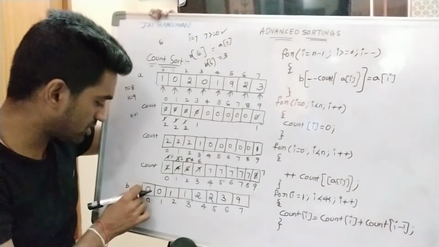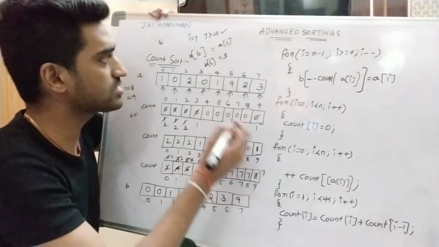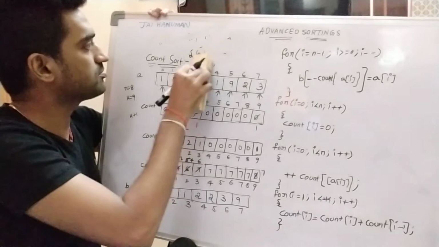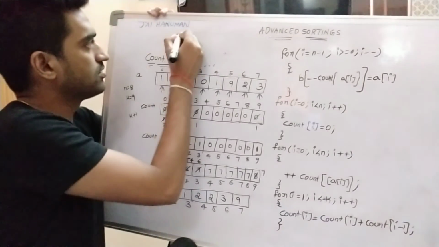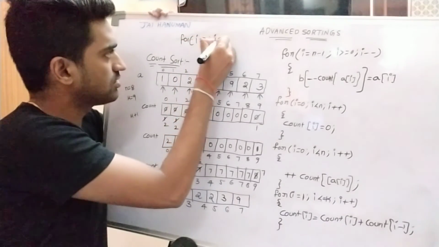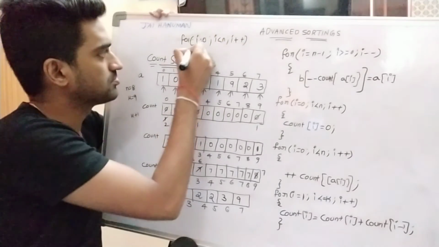Now here I want to copy the B array into the A array. What is the simple logic for copying one array to another array? Simply I am taking a loop, for I is equal to 0, I less than n, I plus plus.